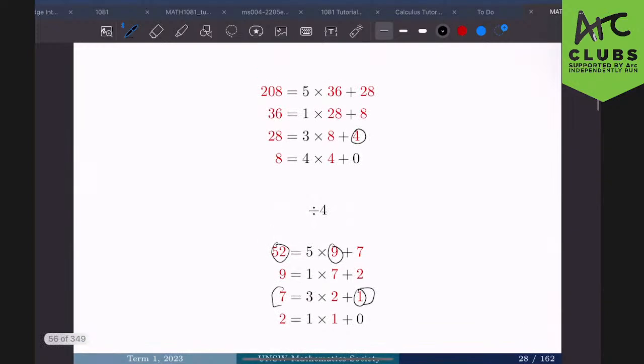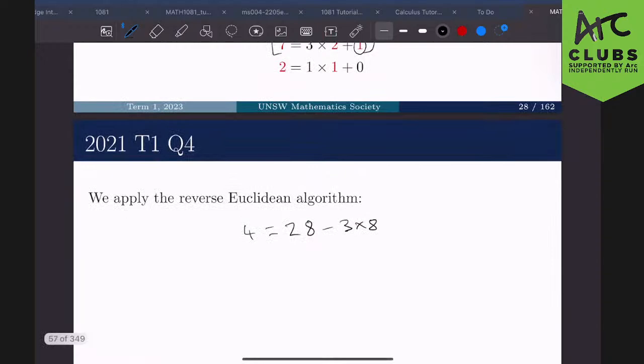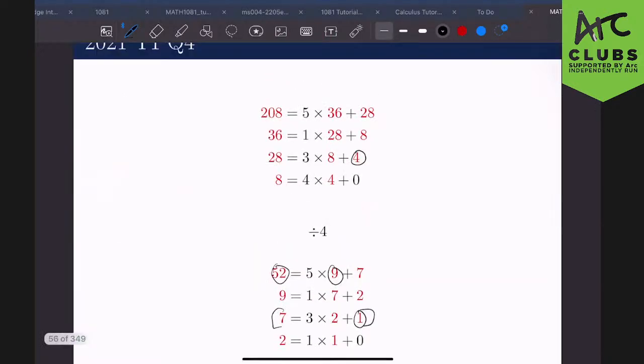then the process is you're just writing the smaller number as a combination of the slightly larger ones.